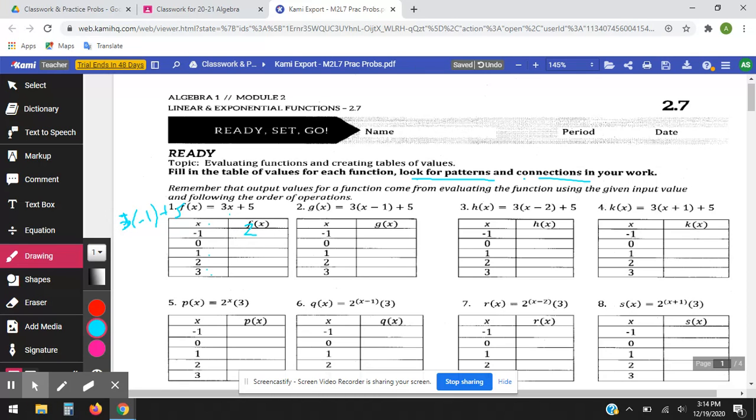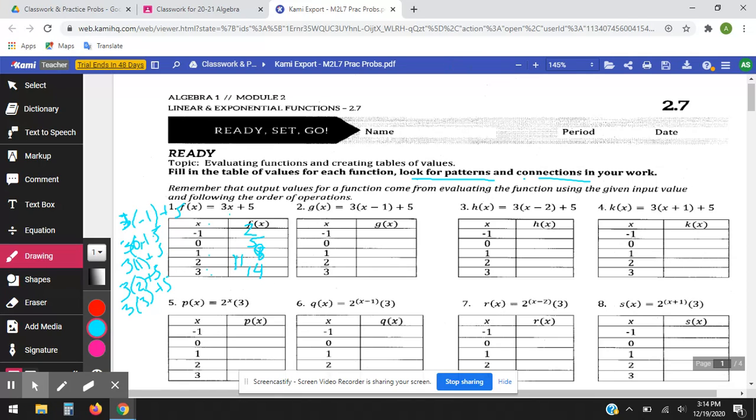So a 2 would go in there. 3 times 0 plus 5 would be 5. 3 times 1 plus 5 would be 3 plus 5, which is 8. 3 times 2 plus 5 is 6 plus 5, which is 11. And 3 times 3 plus 5 is 9 plus 5, which is 14.